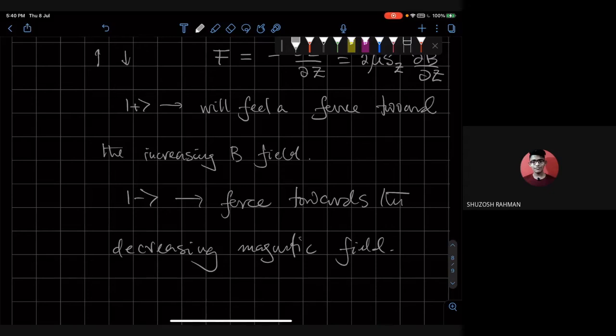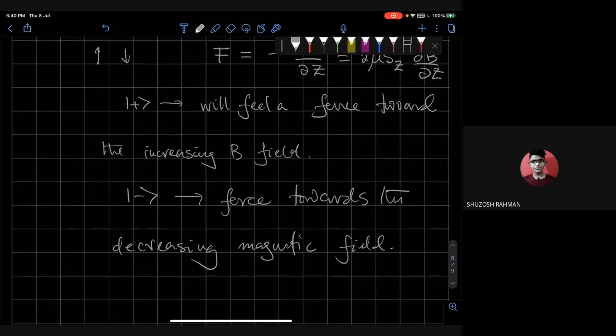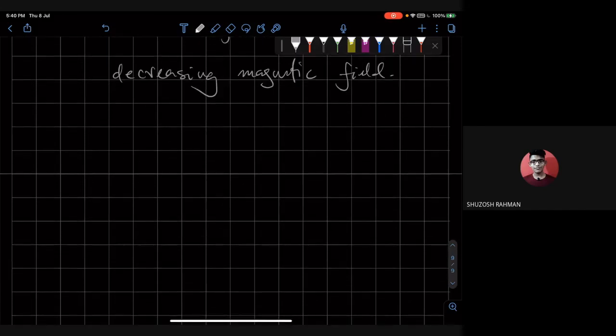So what we are going to observe is this. Suppose we have an oven in which we are heating up silver atoms and giving them some kinetic energy.